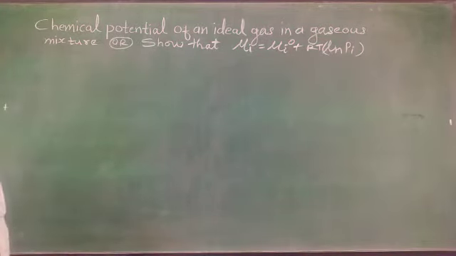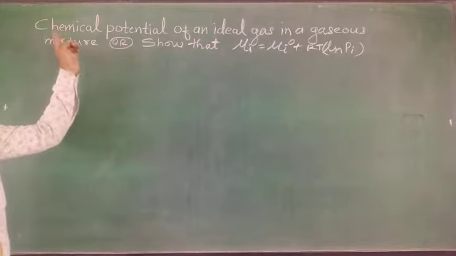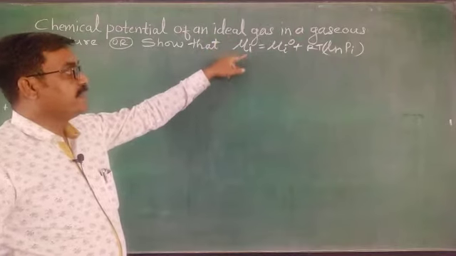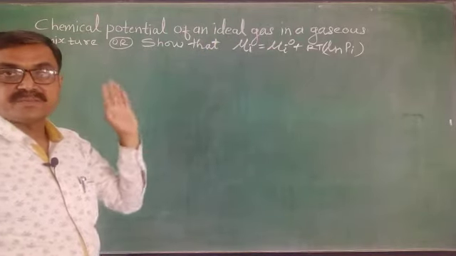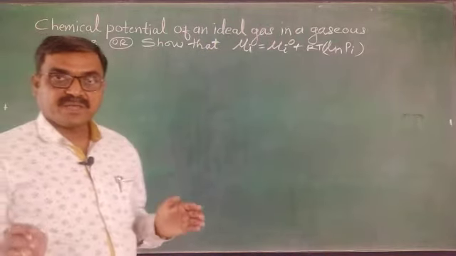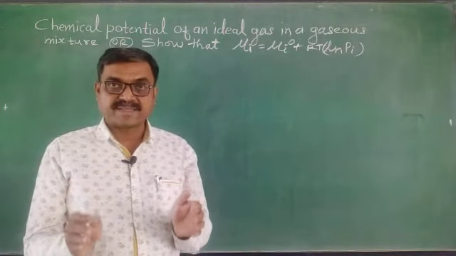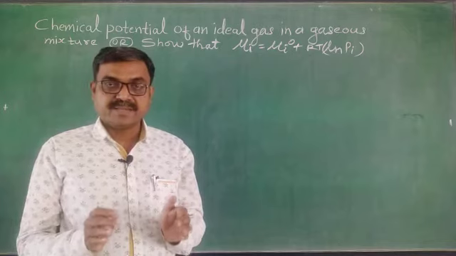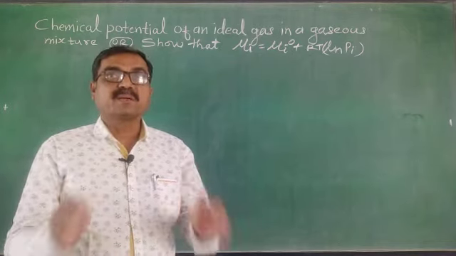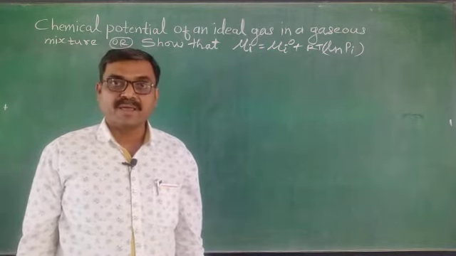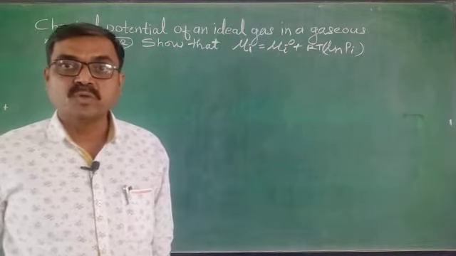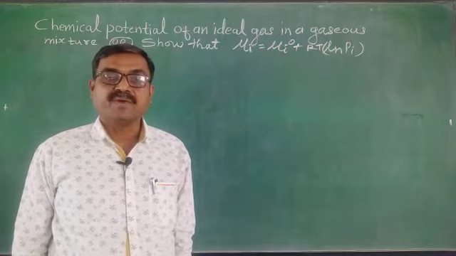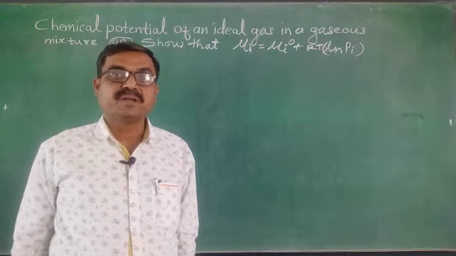Now this derivation is nothing but the chemical potential, that is μi, of an ideal gas in a gaseous mixture. It means if we have a mixture of ideal gases, then the chemical potential is μi and it will be equal to μi⁰ + RT ln Pi, where Pi is the partial pressure.